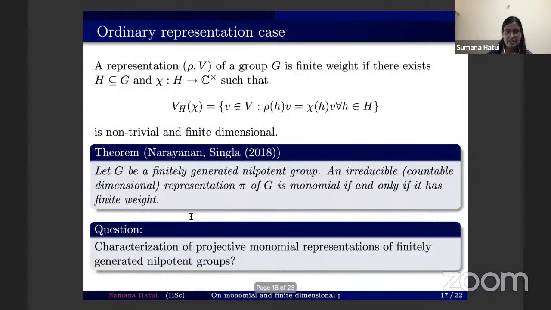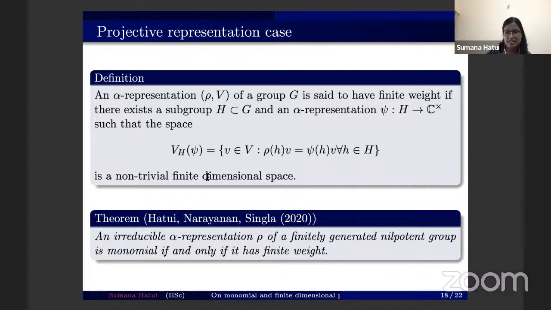Our question was how we can characterize the projective monomial representations. We have also defined the finite weight property here. An alpha representation rho is said to have finite weight if there exists a subgroup H and an alpha representation psi, since we are starting with an alpha representation, so this is not a character but an alpha representation psi, such that the space where rho of H acts as psi is non-trivial and finite dimensional.